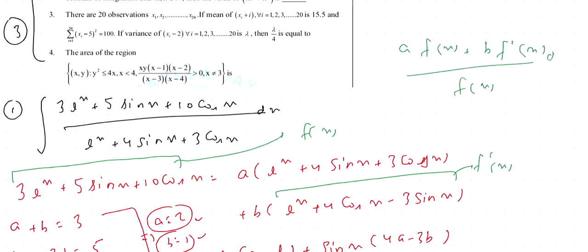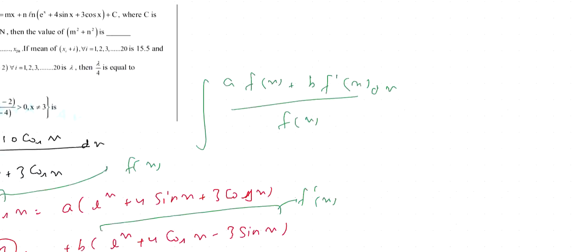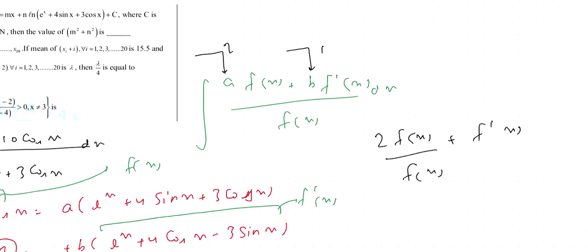We have to integrate this value, and a is 2 and b is 1. So we can write 2 f(x) divided by f(x) plus f'(x) divided by f(x).